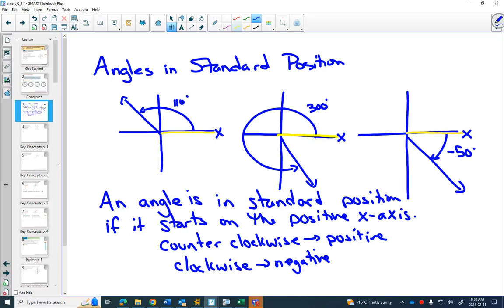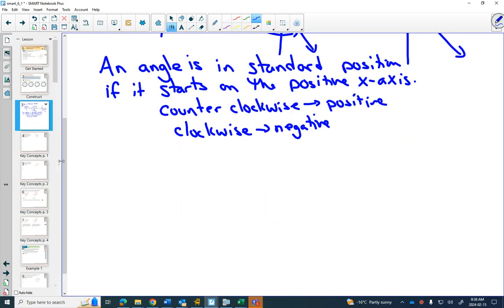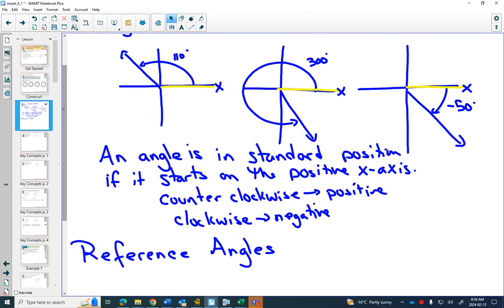Definition number 2 that we're going to do, reference angles. And I'm going to save some time, use the angles that we drew above to show you the reference angles.